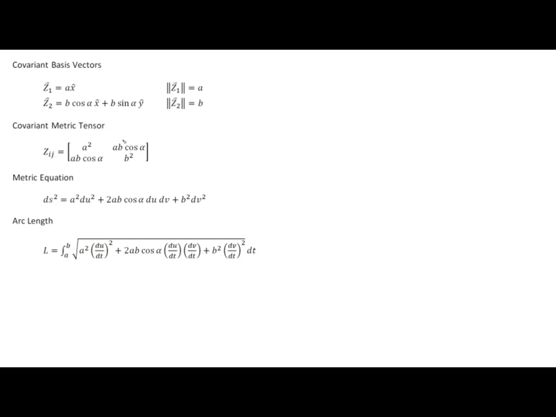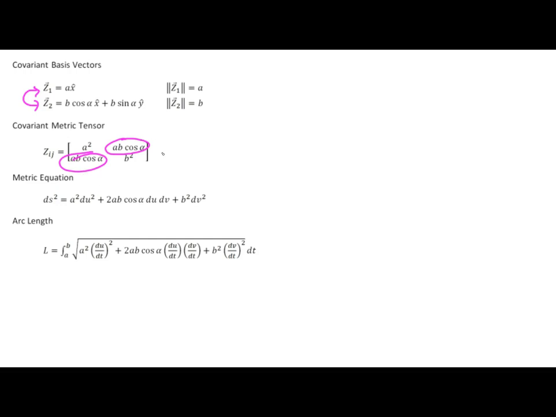Second thing is you'll notice that the off-diagonal elements here are not zero the way they were for Cartesian coordinates. The reason for that is that the two basis vectors are not orthogonal. If we do not have orthogonal covariant basis vectors, then we're going to get these off-diagonal elements. If everything is mutually orthogonal, then the only elements that will survive are the ones down the diagonal. Everything else will be zero.